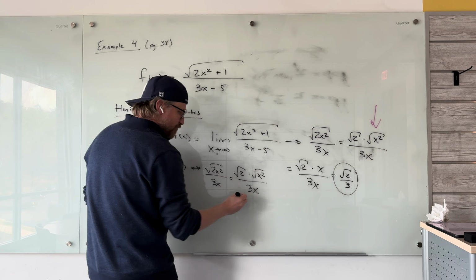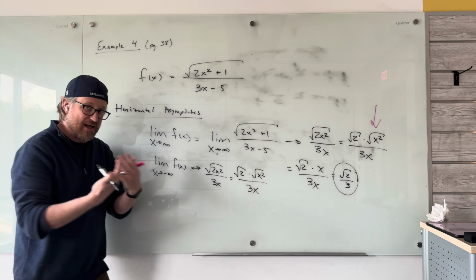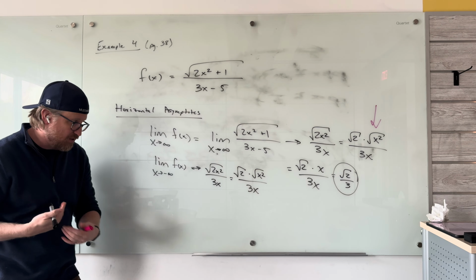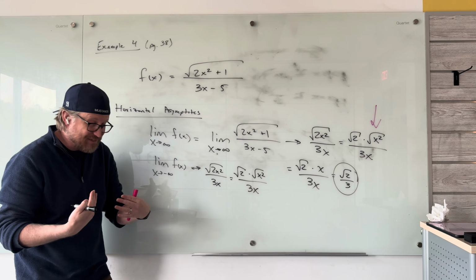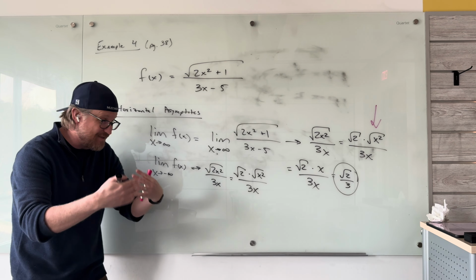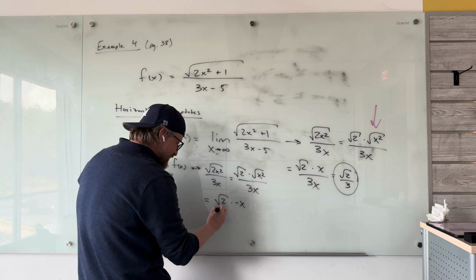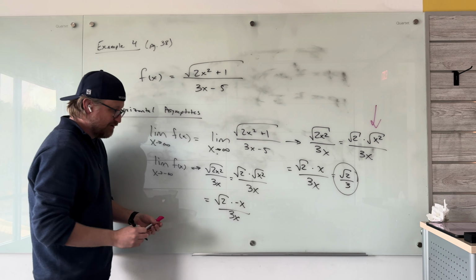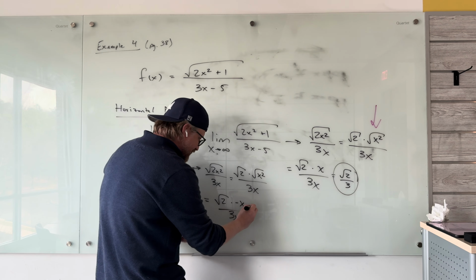But now we have to be really careful, because if x is going to negative infinity, x is now less than 0. Well, if this is the absolute value of x, when x is less than 0, this is equal to negative x. So now I've got root 2 times negative x over 3x. And notice the x's will still cancel, but notice how my answer is negative.